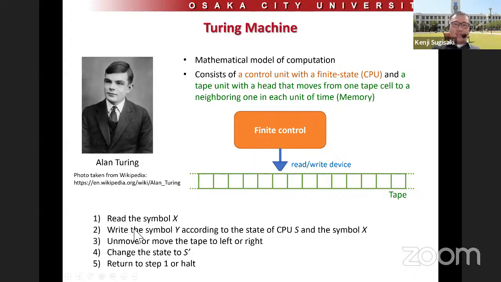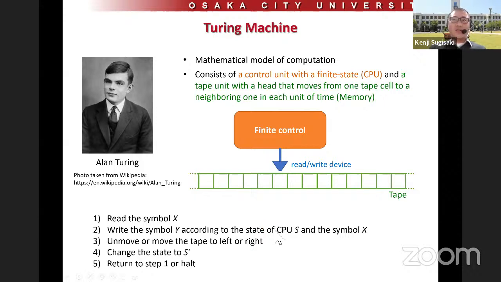An important thing is that any computation that can be performed on computers can also be realized by using this Turing machine. In this case, these steps correspond to the computation steps.